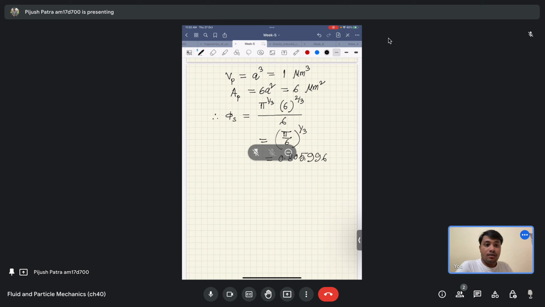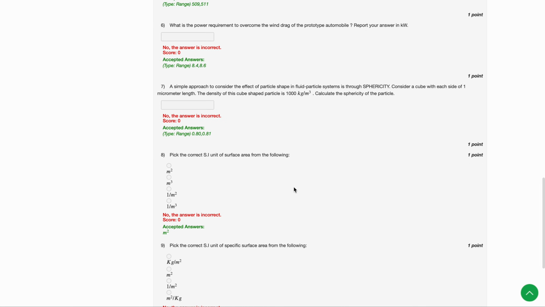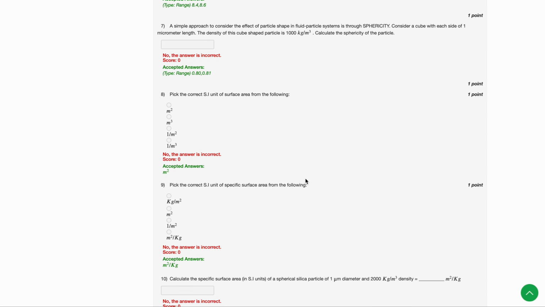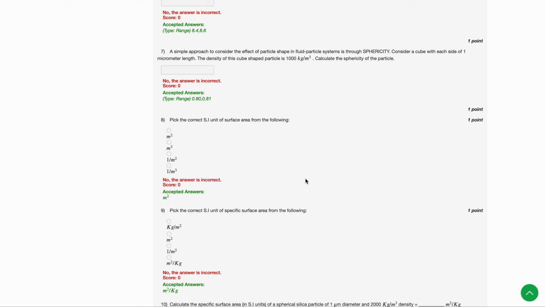Fine. Let's move on to the next problem. This was question number 7, I guess. The next one looks like a very simple problem. Pick the SI unit of surface area from the following.